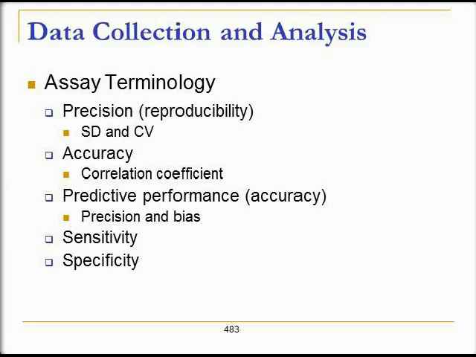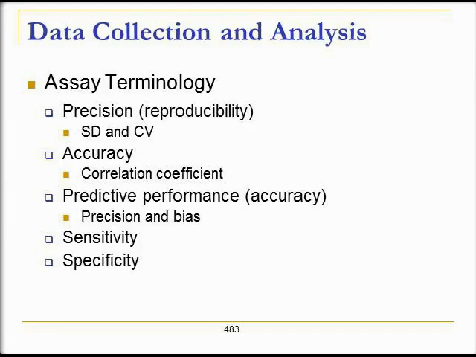So you might have an assay that is precise, but it's negatively biased, both of which are measuring accuracy, which means it's close to 10, so it's 9.7, 9.8, 9.6, 9.9, 9.7, but it's biased negatively. It's always lower than what it should be. So those are the two values that you'll see in predictive performance.